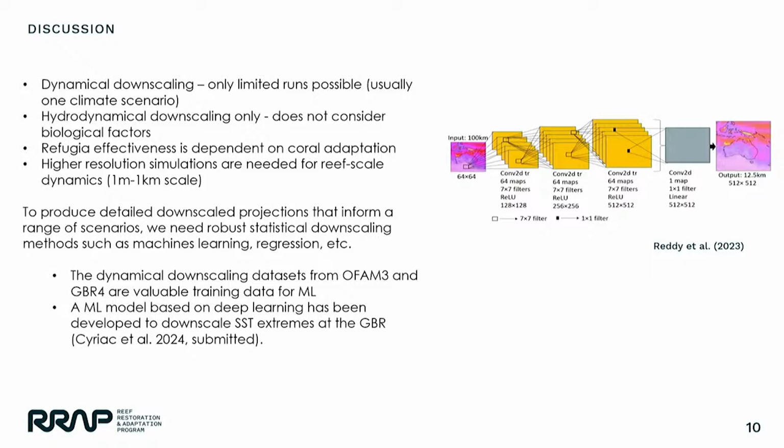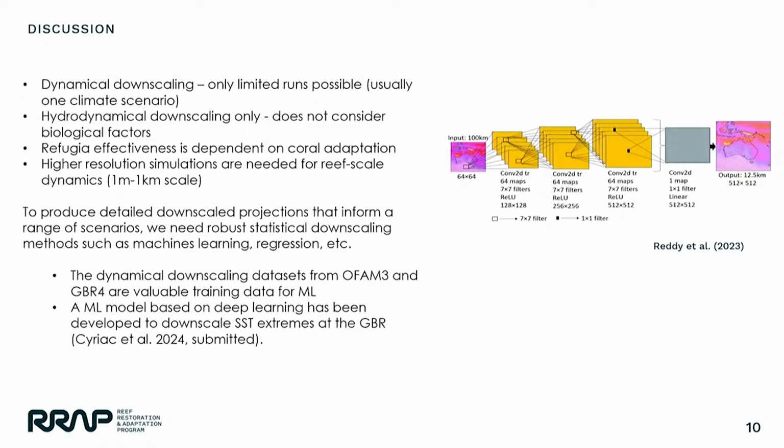And what we've done is hydrodynamic modeling, downscaling only, so we didn't consider biological factors. And how effective refugia will be is dependent on coral adaptation. So I'm very heartened to see all this work on trying to understand how corals will adapt in the future and how the thermal tolerance will change.